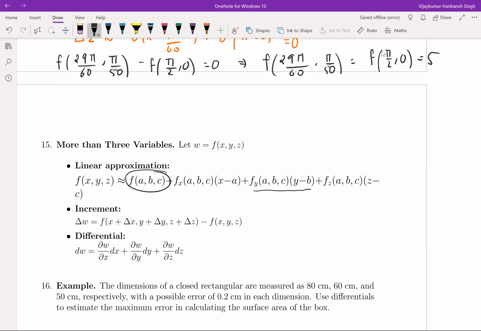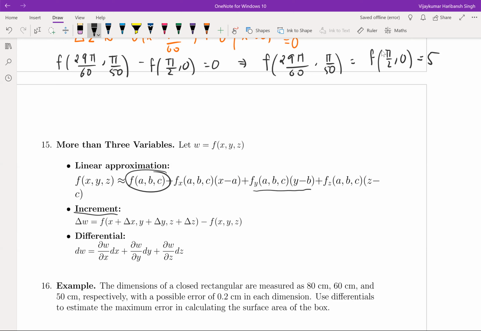Now note that this will not represent a tangent plane. It represents an entirely different object. It's hard to visualize 4 dimensions, but nevertheless, we can do these linear approximations there. We can do the increment as well, which is f(x plus delta x, y plus delta y, z plus delta z) minus f(x, y, z).